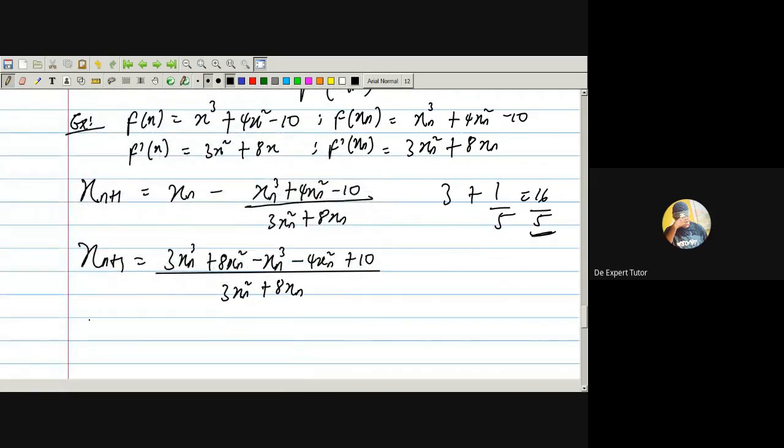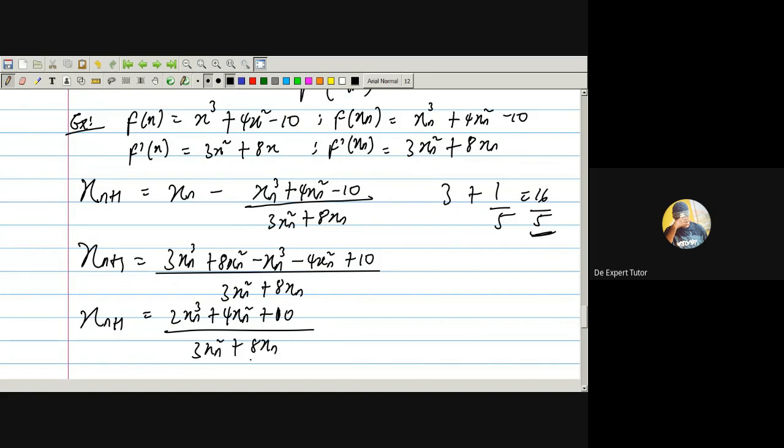Yes, I love to do my work this way, sharp. Equal to, what do we have? This and this is giving 2xn cubed plus 4xn squared plus 10. Wait, is this plus 10 or minus 10? Okay, yeah. It has changed sign. Plus 10 divided by 3xn squared plus 8xn.